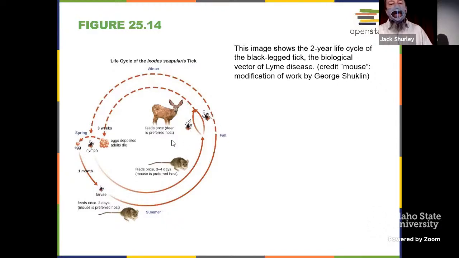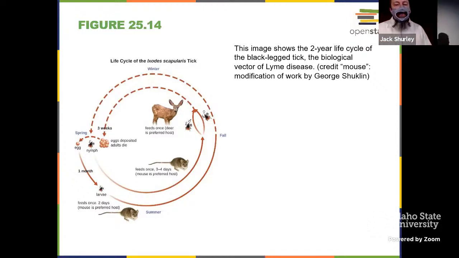The male and female adults typically find themselves on a deer, all right? That's their preferred host. So they find their host, the deer, and on the deer, they find one another.